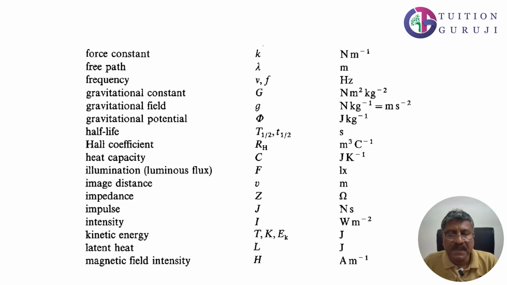Then intensity in watt per meter square. Kinetic energy in joules, latent heat in joules. Then magnetic field intensity in ampere meter raised to minus 1.